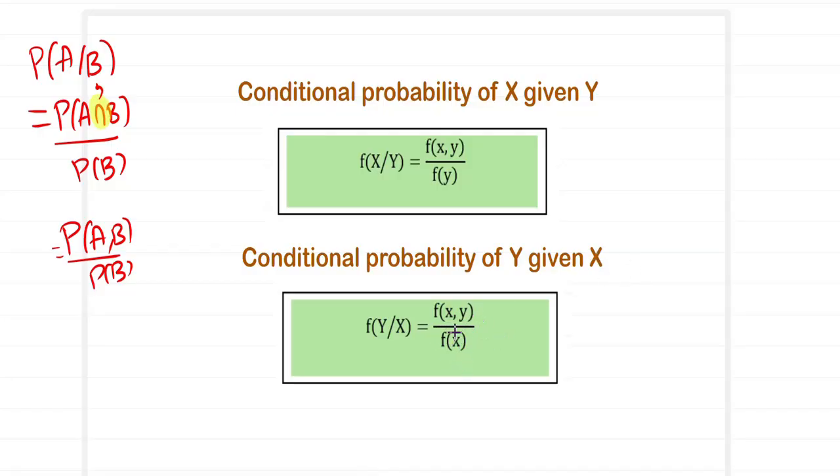But we know that f of x comma y and f of y comma x are both the same, so you replace the numerator with f of x comma y. The numerator is the joint PDF of the two-dimensional random variable x and y, and the denominator is the marginal density function of either y or x, depending upon which has been given to you.